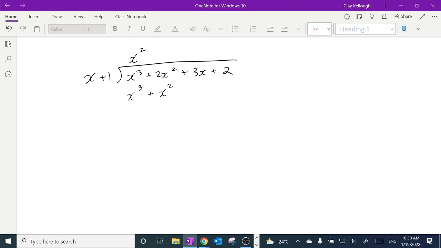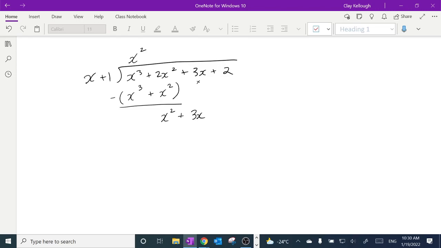What was my next step? Which is exactly the same step I did when I did long division with numbers. Subtract and find the remainder. So that cancels, and then 2x squared minus an x squared is another x squared. And then what do? Bring down the 3x.